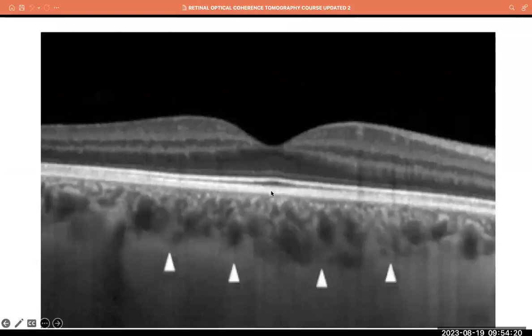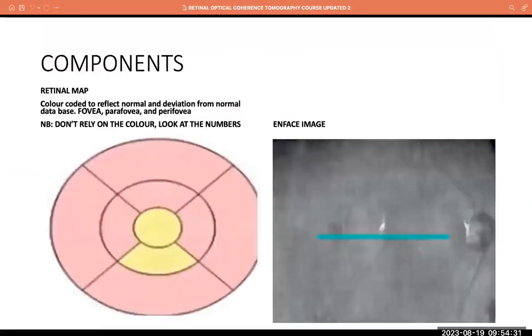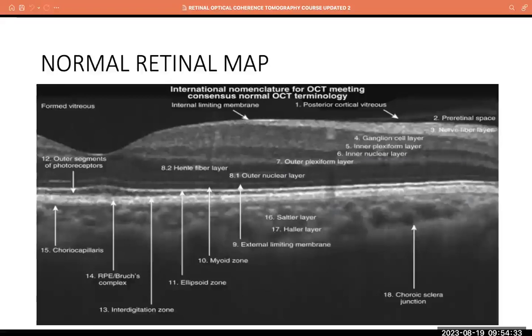Okay. Now, I'm going to move 4 slides backwards to the area that has the normal retinal map, the one that has the labelings. Yes. So look at this very well. The outer retina, those 4 bands: the first and the faintest is the one towards the inner parts. Let's go from out in.